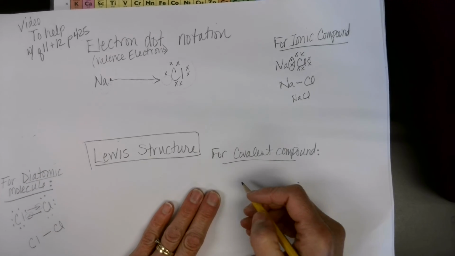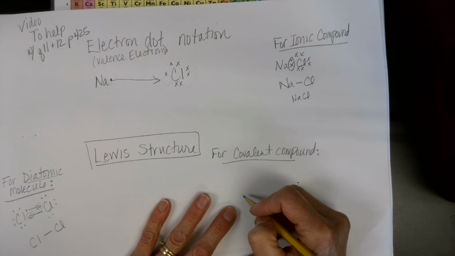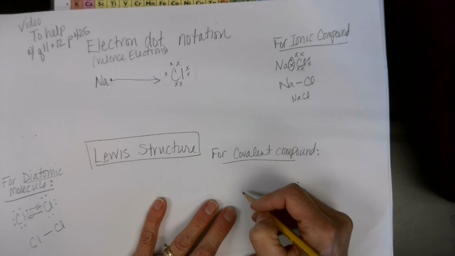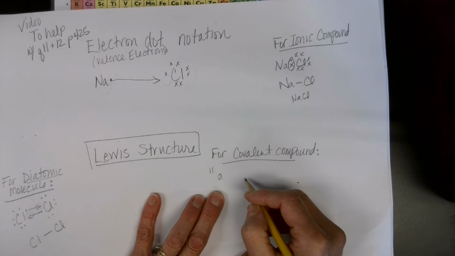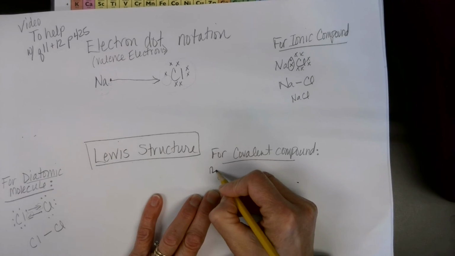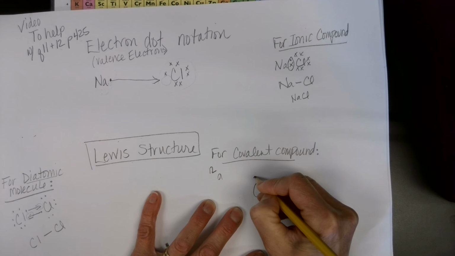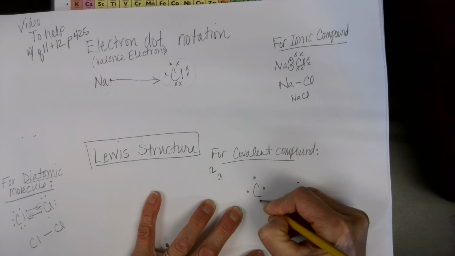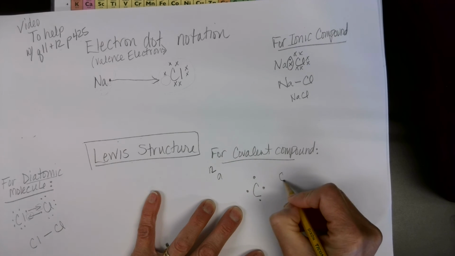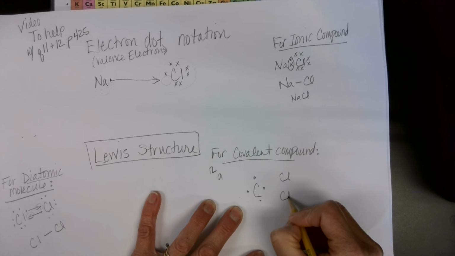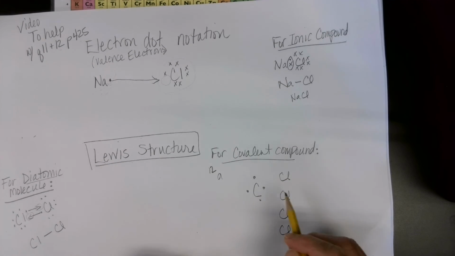For a covalent molecule, say for example, I guess I'll just pick 12A here. What we're going to do is write out each of the elements that are combined. And I want you to look at how they have written out each of these situations.